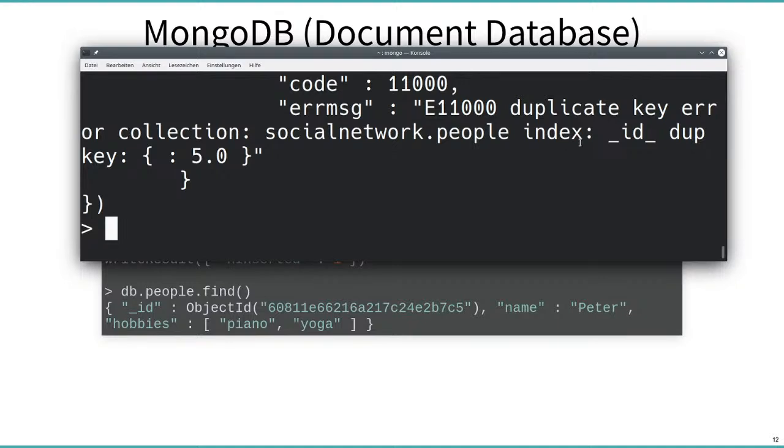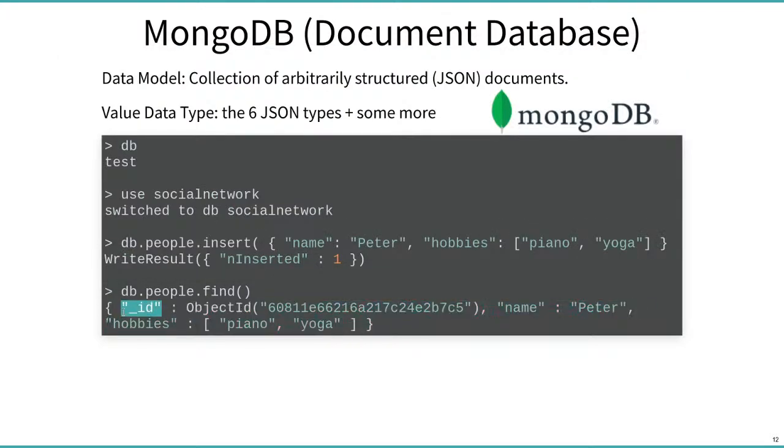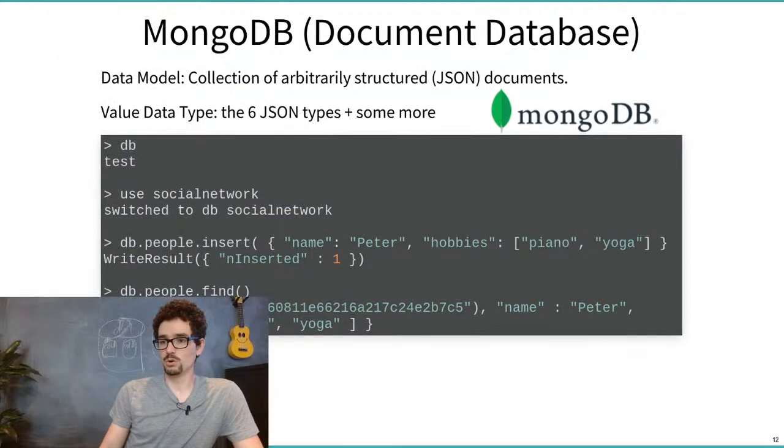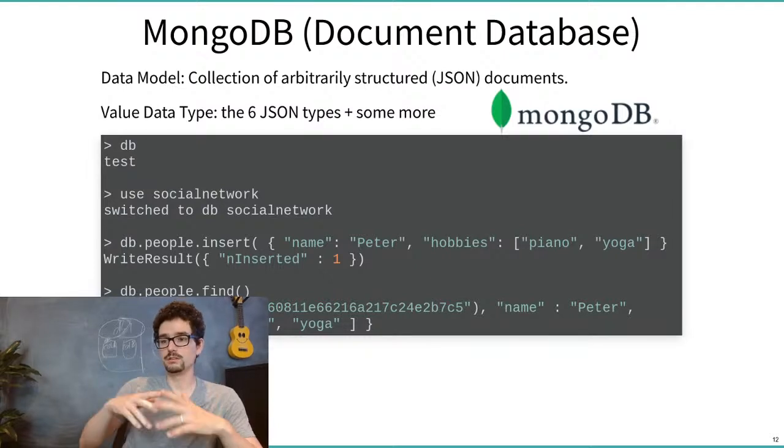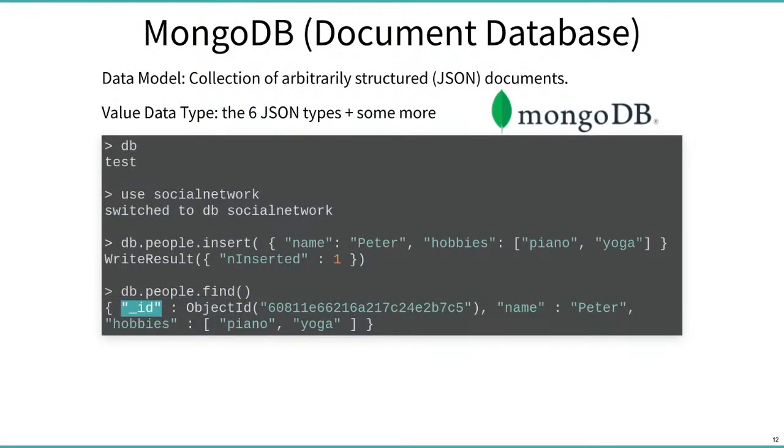So the _id must be unique. And this is the thing that MongoDB can also use for distributing the documents across the cluster. There is not a requirement that this has to be done via the _id. You can specify another field as well.